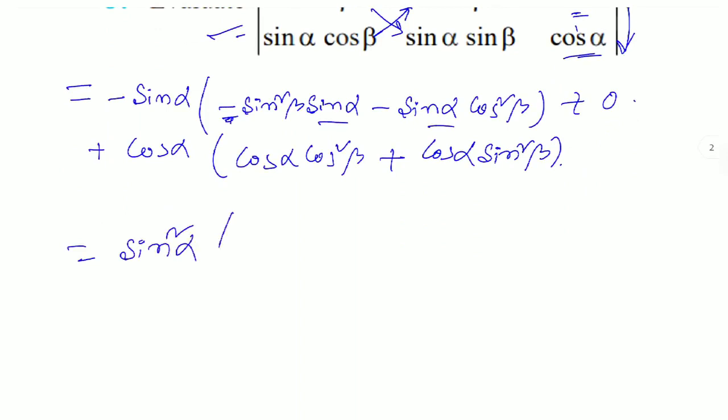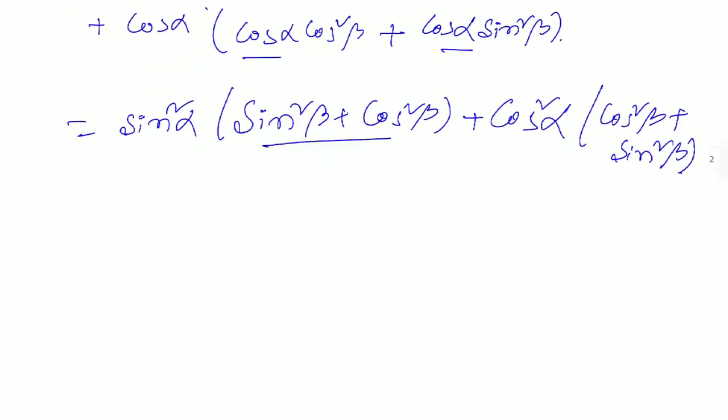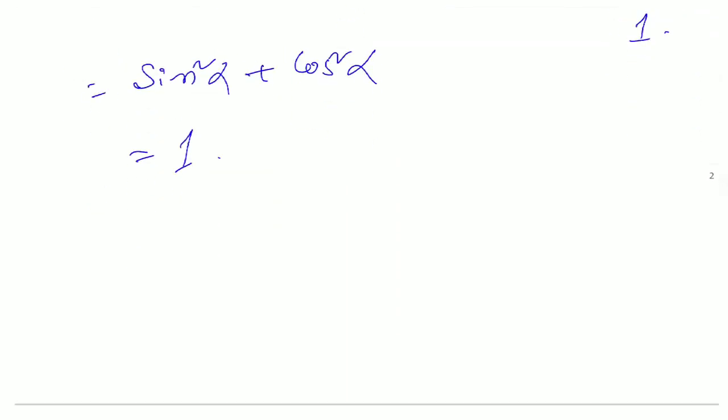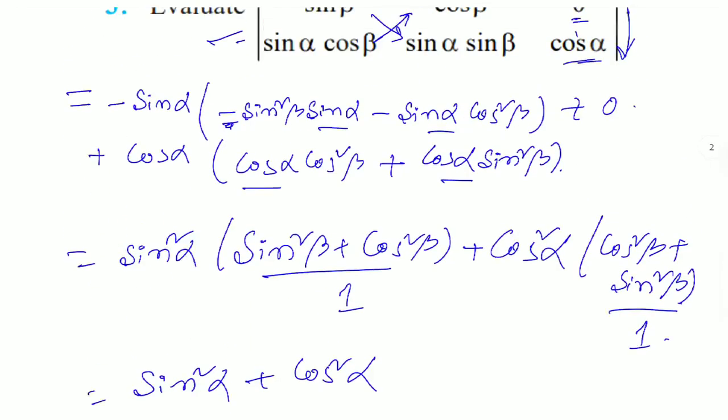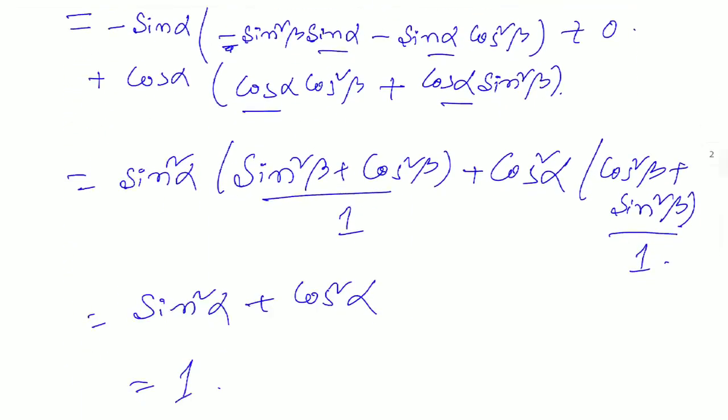So we'll get sine square alpha, and here you will get sine square beta plus cos square beta, plus here just take cos alpha out of that bracket, you will get cos square alpha and cos square beta plus sine square beta. Now this term is actually 1 and this term is actually 1, so you have sine square alpha plus cos square alpha, and that is actually 1. Hence we have calculated this problem, right? This is problem number 3.